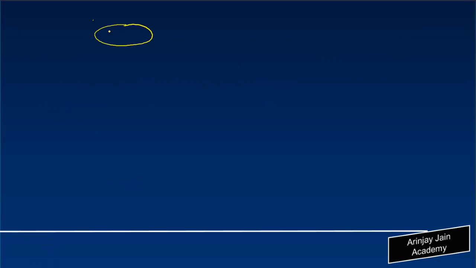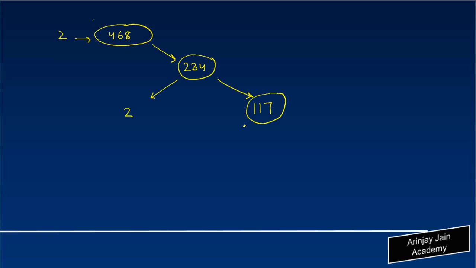So I have 468 and I divide this by 2. What will I get? I will get 234. I again divide this by 2. I would get 117. Now I divide this by 3.